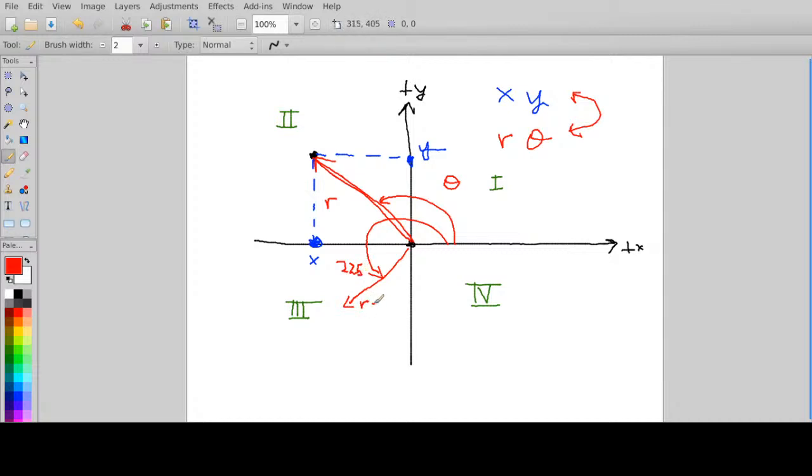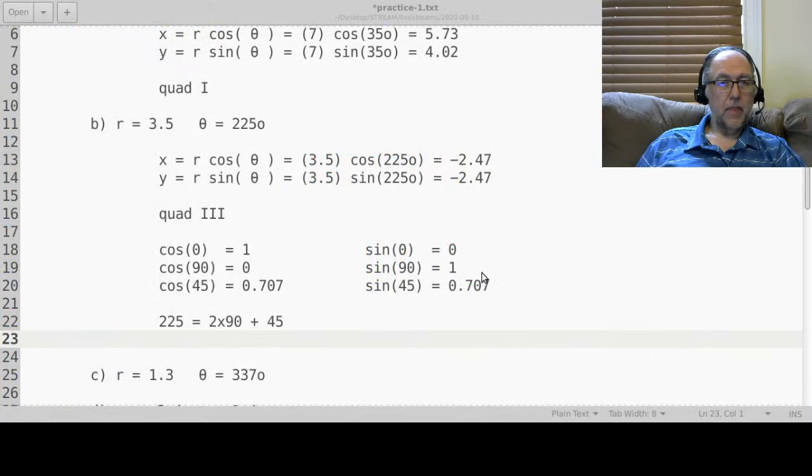And r is equal to, for that one, 3.5. Okay, and so you could see it there. It would be in quadrant 3. And also, if you were to draw those blue lines like this, I guess I should have made that dashed, but that's okay. You got the idea. Your y value there and your x value there. Okay, the x and y values, they're identical for that one. Okay, so there's question number 2.